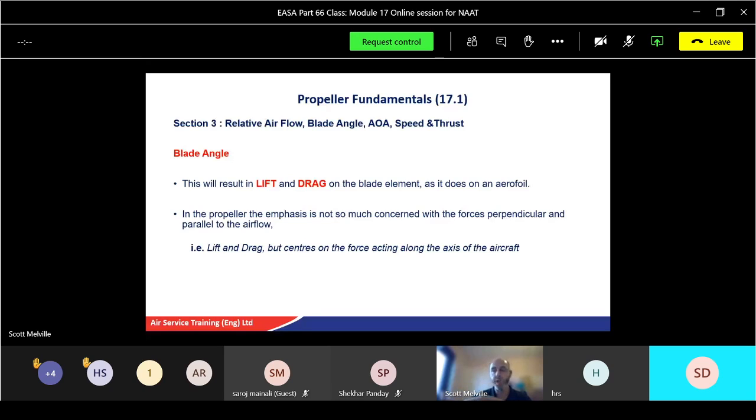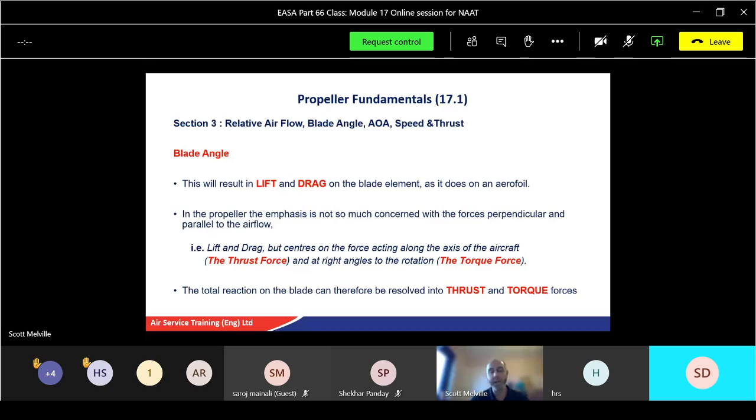So on your horizontal axis, we're looking at the forces acting along the axis. In other words, we've got the thrust force, and at right angles is the rotational, the torque force. The total reaction on the blade is therefore resolved into thrust, which we called lift in Module 8, and also torque. Well, torque is still torque, due to the rotational forces exerted by the engine.